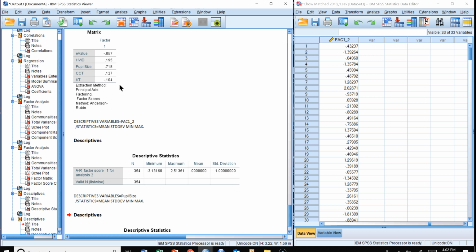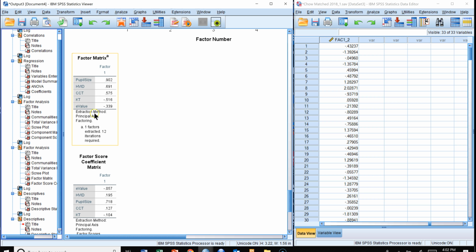All these scores are similar; I just took the heaviest loading from the dimension. But you might rather do e-value or KT or HVID, whatever, it doesn't matter. It would put it in the scale of these.